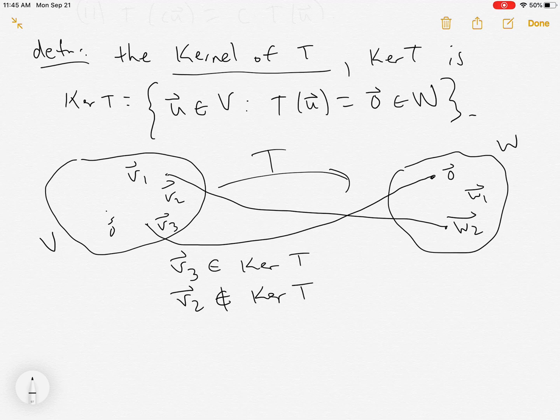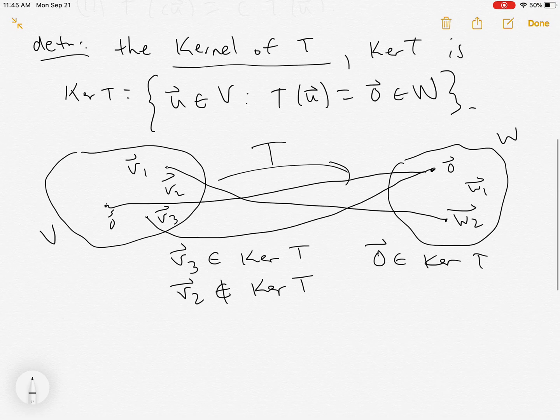And 0 always maps to itself, so it's definitely going to be in the kernel as well. So 0 is always in the kernel.